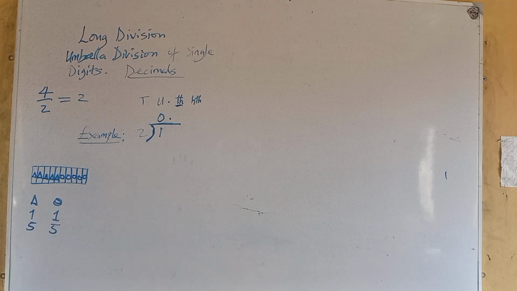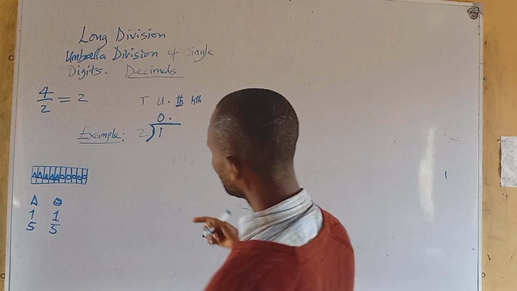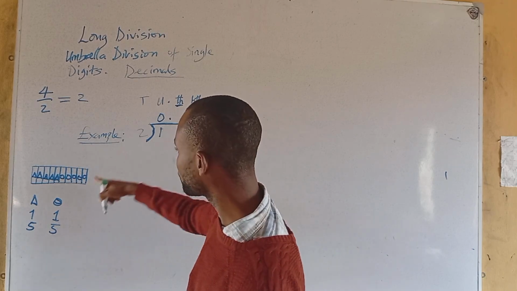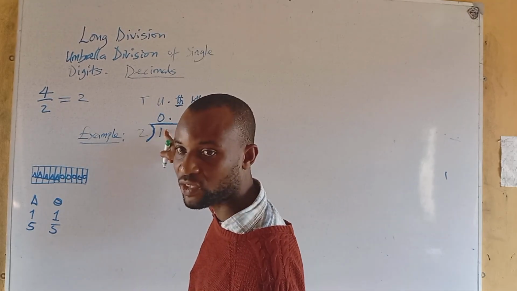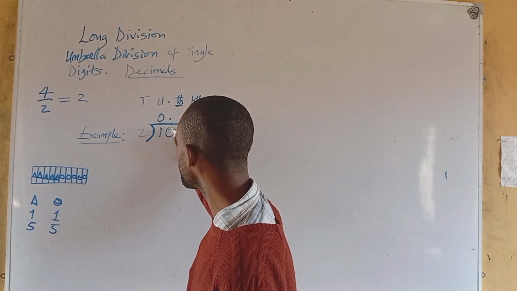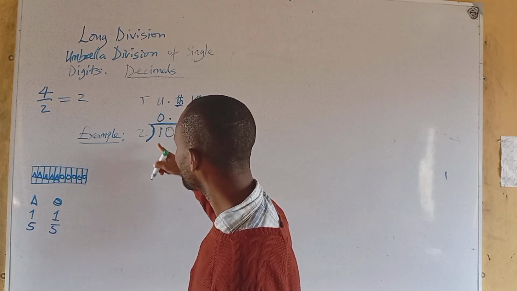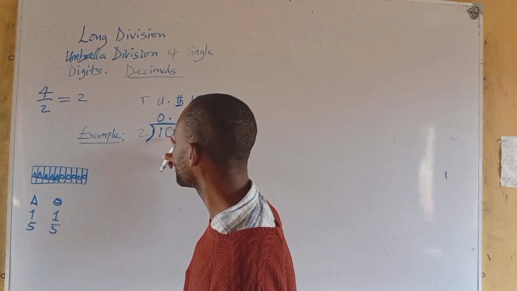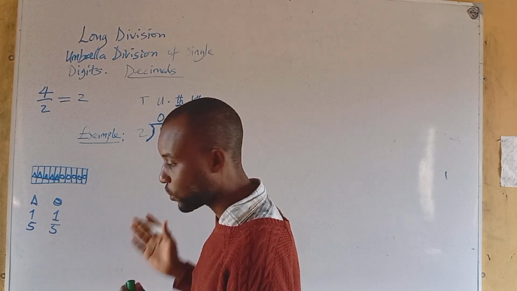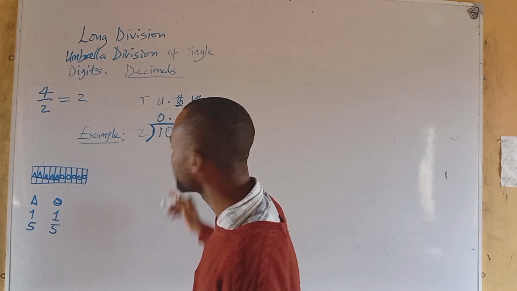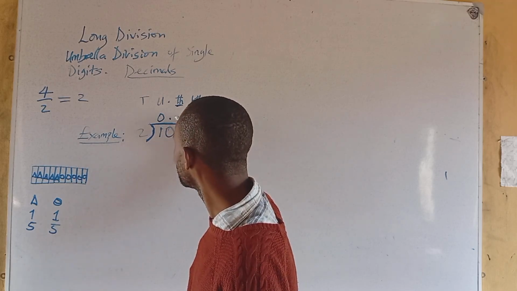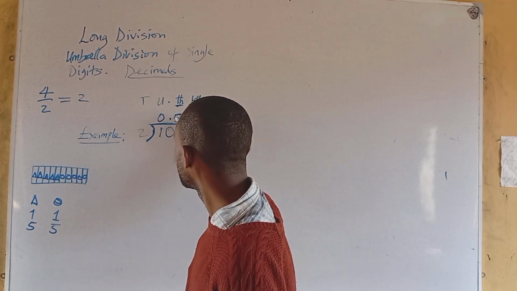Having what you've done here, you've divided this one into 10 parts. You've cut it, divided it into 10 parts. Then each person will take 5 each.